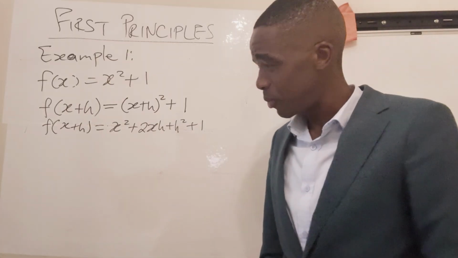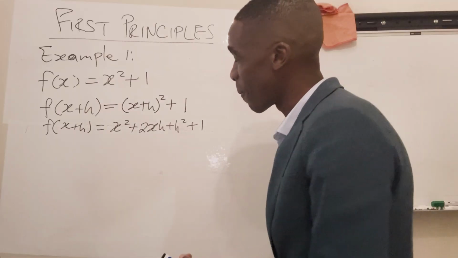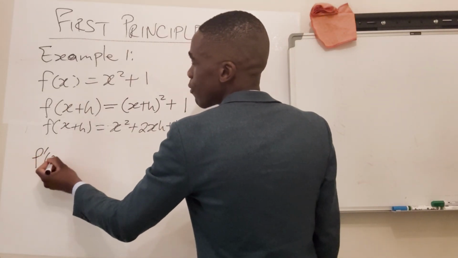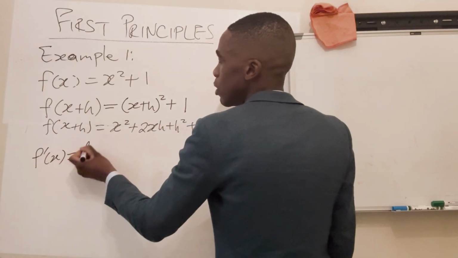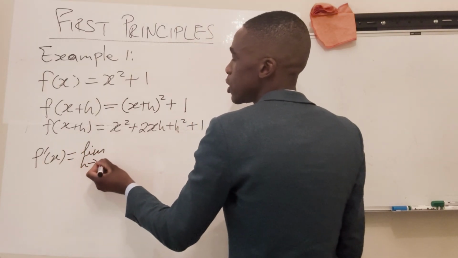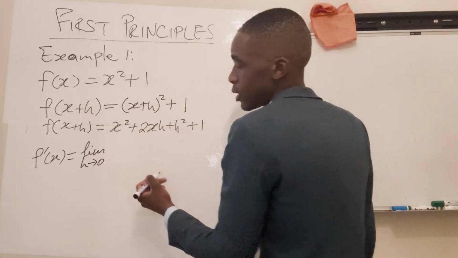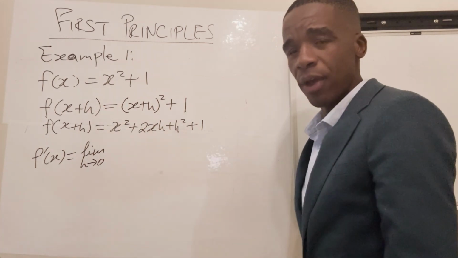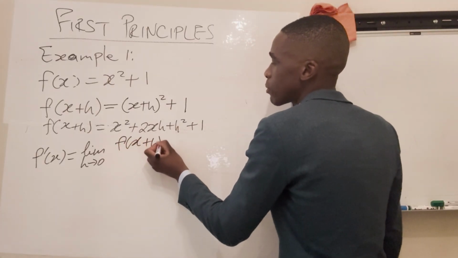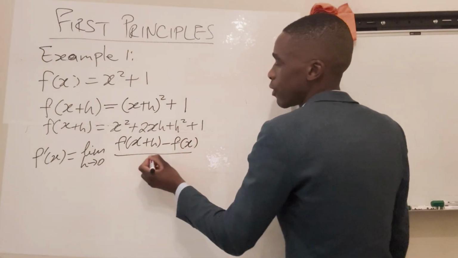Then you go to your formula of first principles. That is f prime of x is equal to the limit as h approaches 0 of f of x plus h minus f of x all divided by h.